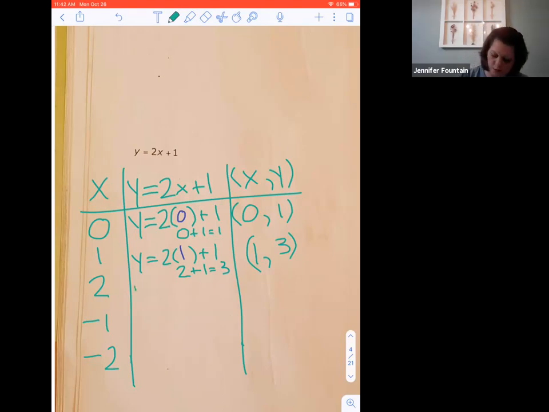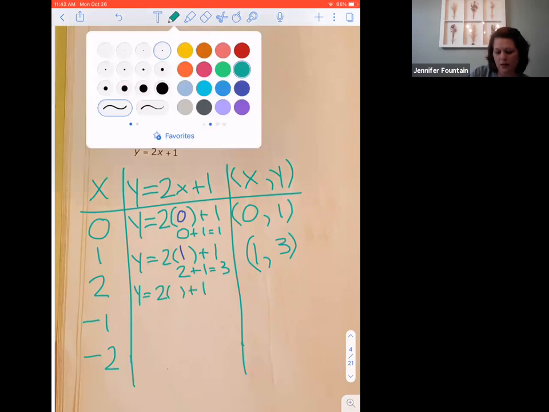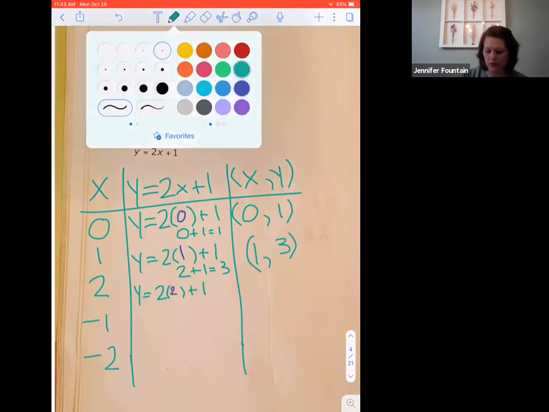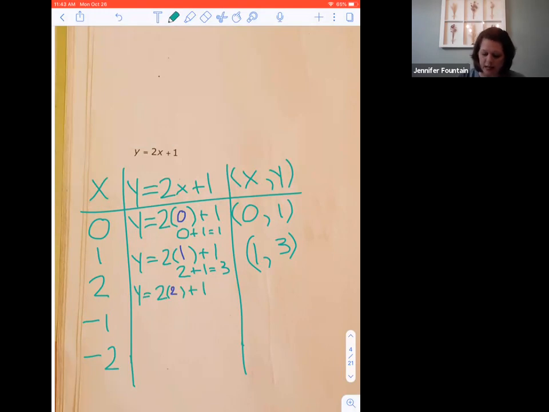Plug in for 2. Y equals 2, parentheses, plus 1. Plugging in my value of 2. So 2 times 2 is 4, and 4 plus 1 equals 5. So if x is 2, y is 5. Plug in for -1, y equals 2. Write my parentheses.